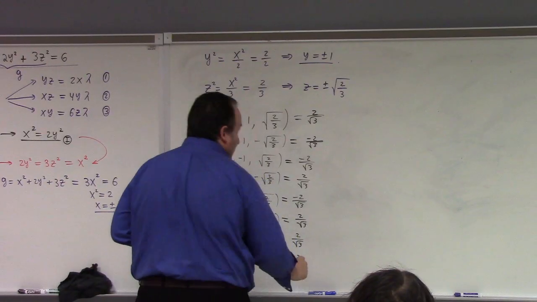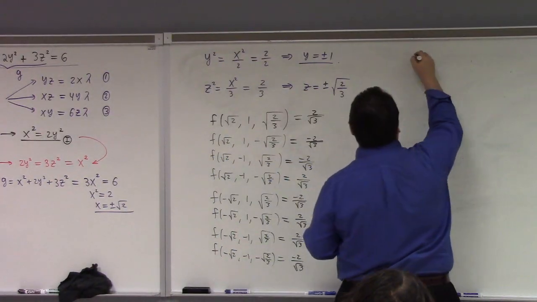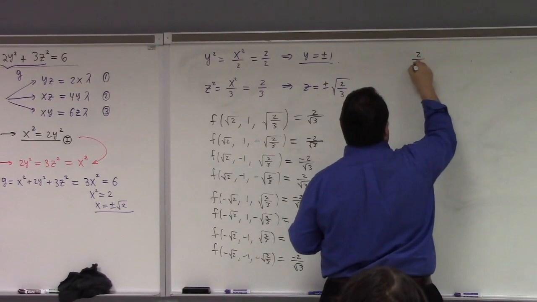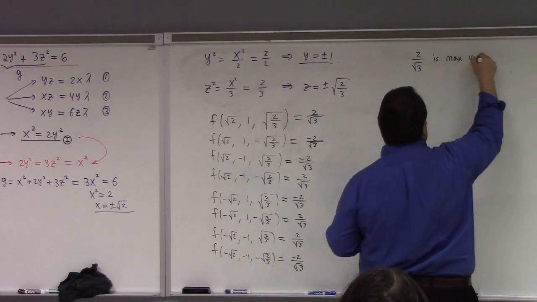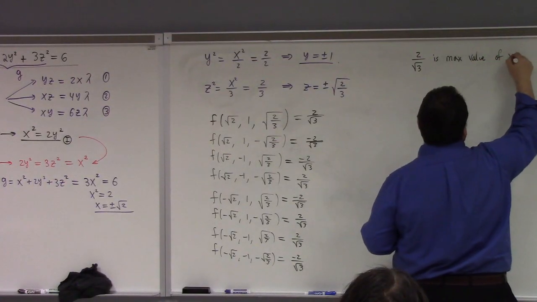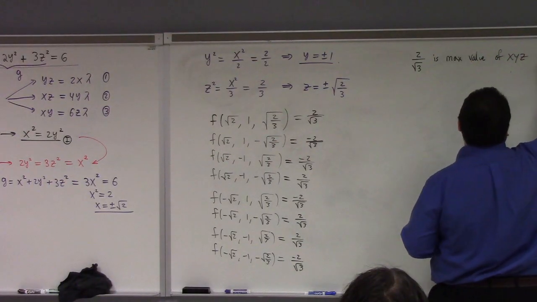Okay, I think that we can pretty much see that 2 over the square root of 3 is the maximum value of xyz attained where?